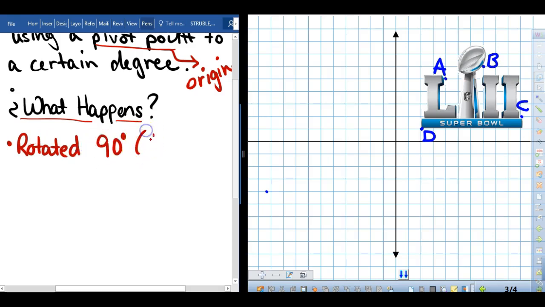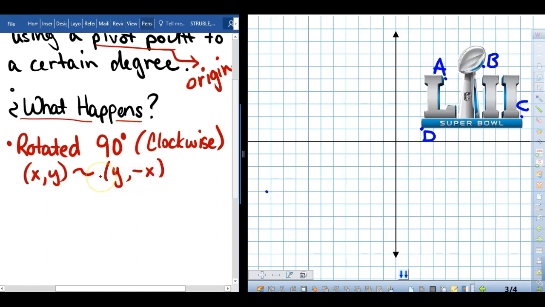We'll start with clockwise, and then I'll discuss how you can determine the counterclockwise action. To rotate a figure 90 degrees clockwise, you take the original coordinates, x, y, and you're going to translate them so that we have y in the x position and the opposite of x in the y position. Okay? And that's how we would write that.